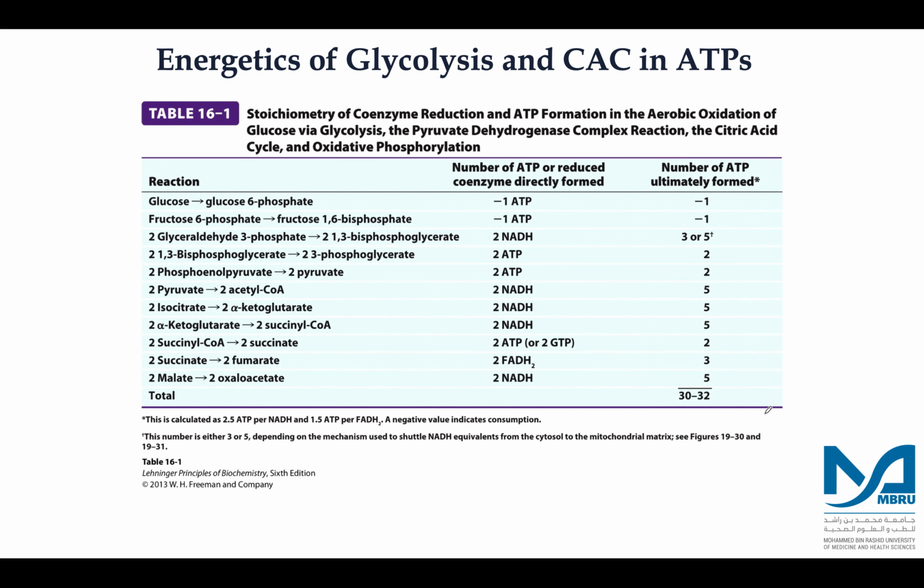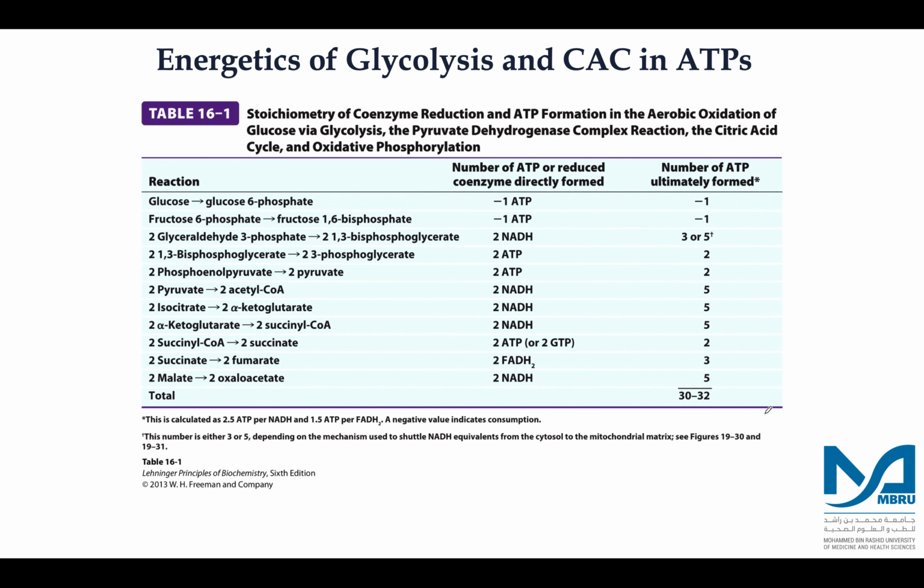Now I come to the energetics of glycolysis and citric acid cycle in terms of ATPs. Of course, we don't need to read through the thermodynamics of either glycolysis or citric acid cycle. Remember, the thermodynamics part is not included in the MBRU curriculum, but it is included in some of the licensing exams.